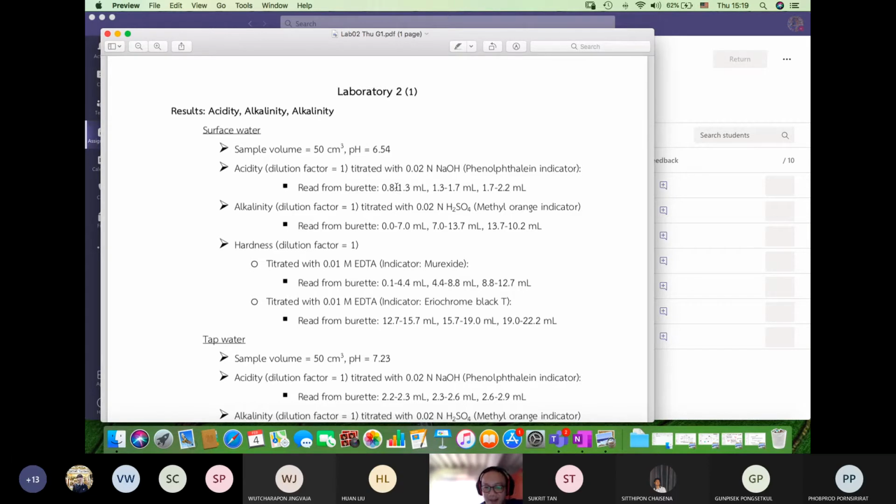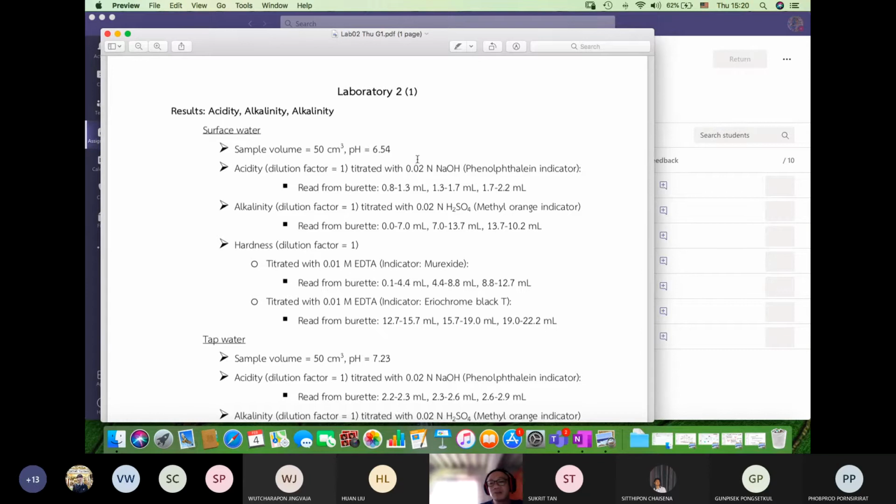This is the raw data you obtained from the lab, so you have to record start and end. Repeat 3 times. The second trial starts from 1.3 and finishes at 1.7, and the last sample starts from 1.7 and finishes at 2.2.